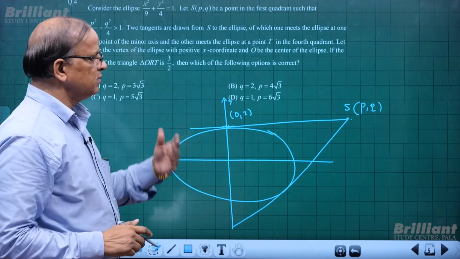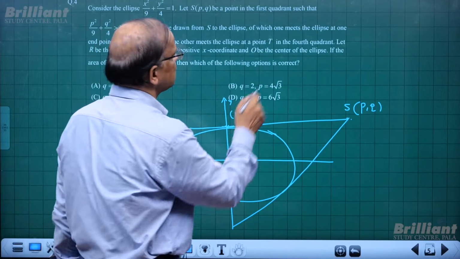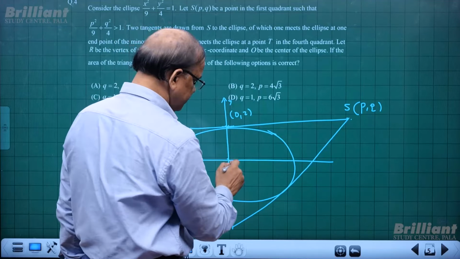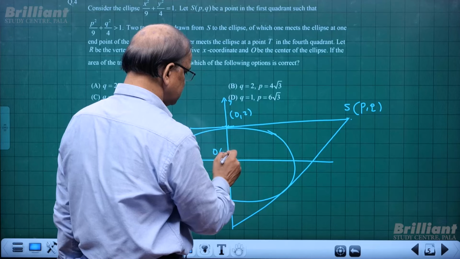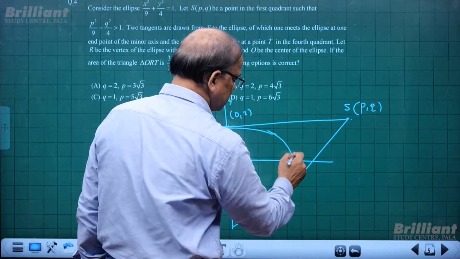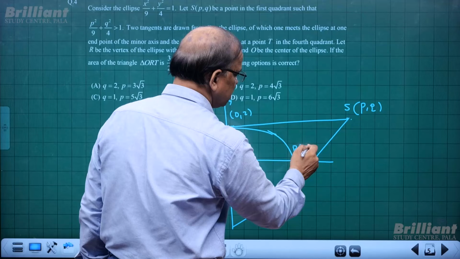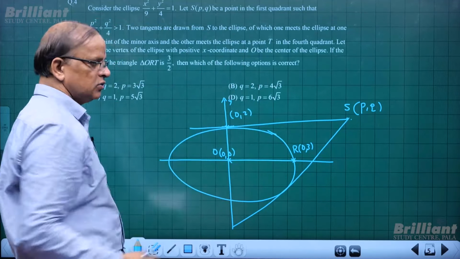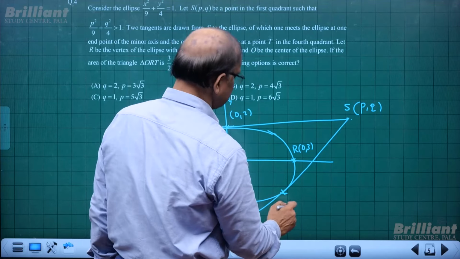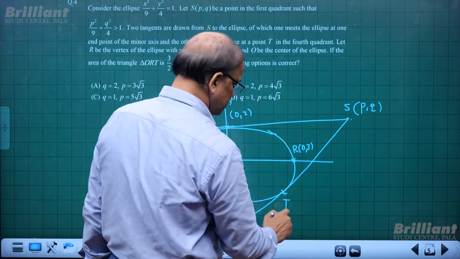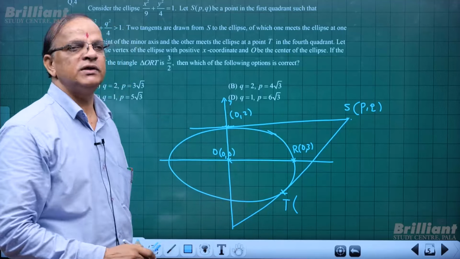We have to find the P value. For that we have to use the area of triangle condition. So this is the center 0, 0, right? This is R, 3, 0, because a is 3. So you take this point T in the fourth quadrant, as a cos theta, b sin theta.